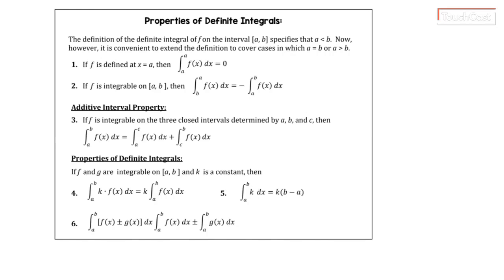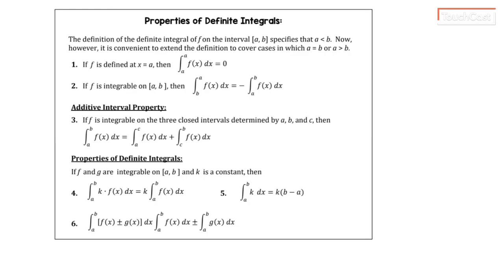If f is defined at x equals a, meaning our upper and our lower limit are the same, then the integral in that case is just going to be 0.